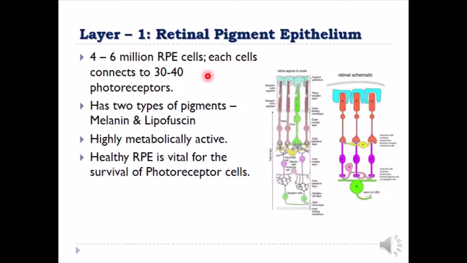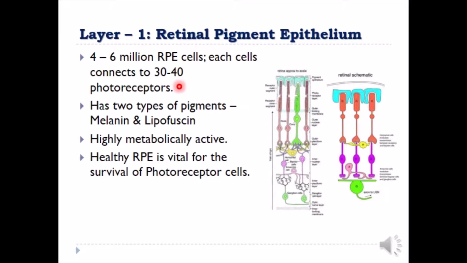And each cell connects up to 30 to 40 photoreceptors. This is just a photographic representation. Photoreceptors are connected to the retinal pigment epithelium. So each retinal pigment epithelial cell is connected to 30 to 40 photoreceptors.